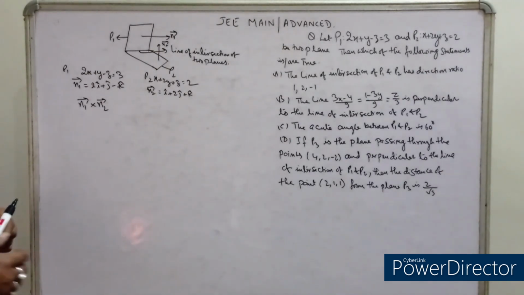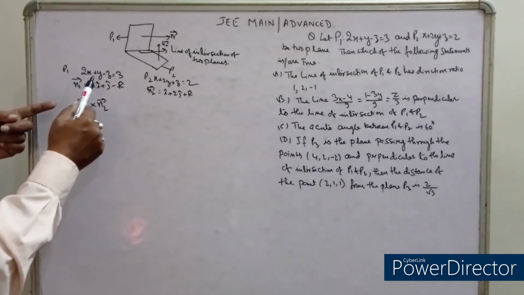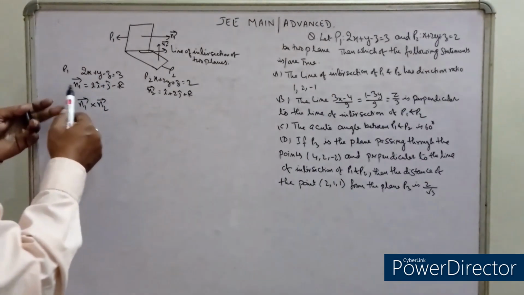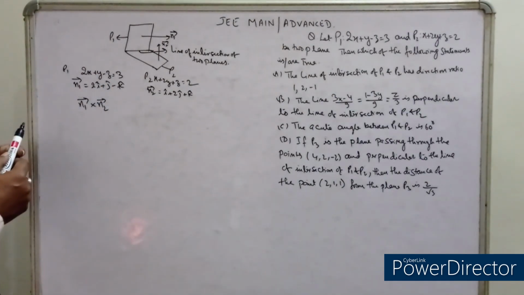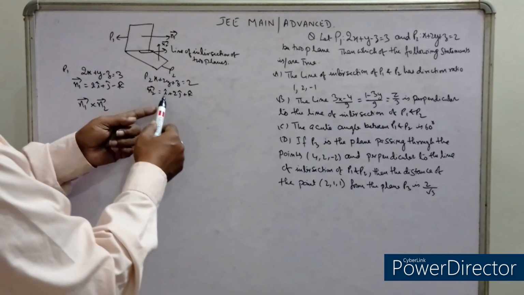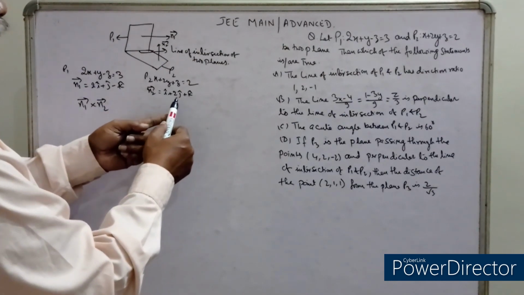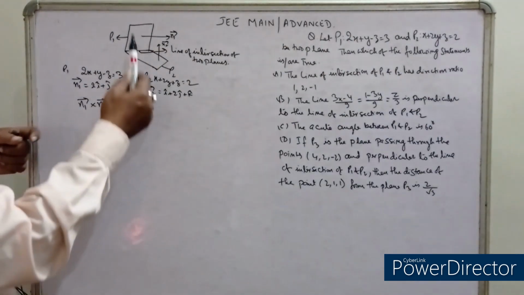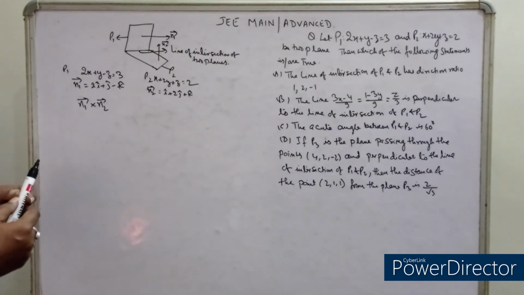This is the technique I am going to apply. Here 2, 1 and minus 1 is the normal n1 vector, and here 1, 2 and 1 is the normal vector n2.